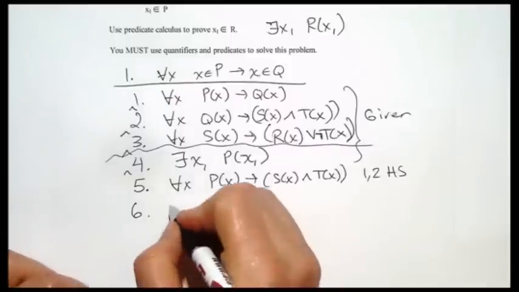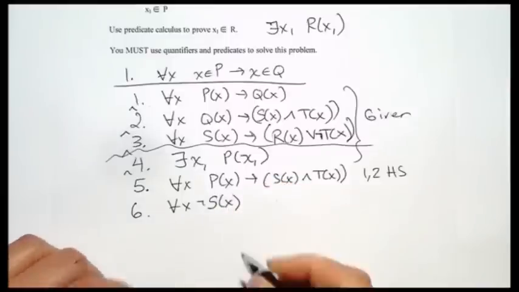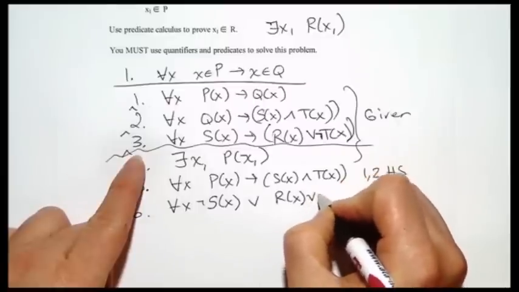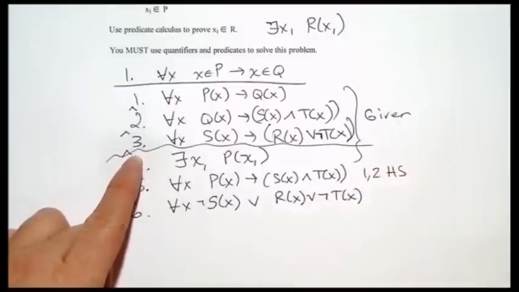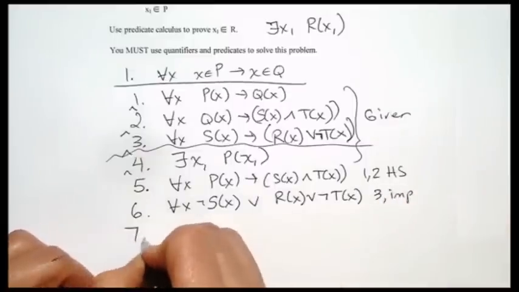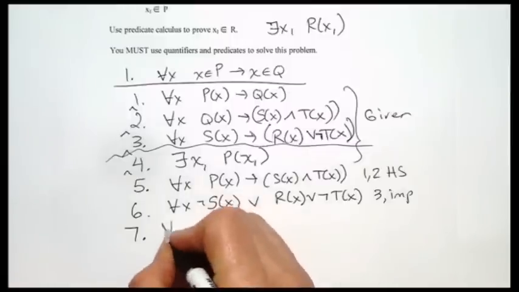So what I could do is switch the implication inside line 3 into an or. And then rearrange to get the S and T together.